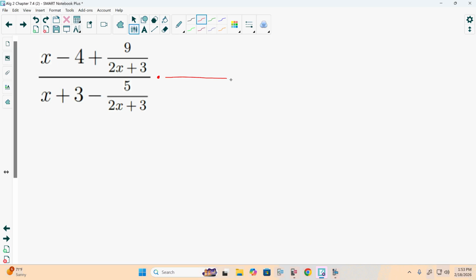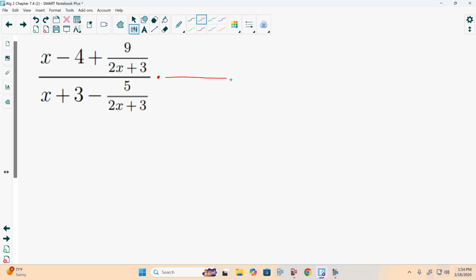So the main thing we want to do is get rid of the fractions in the numerator and denominator of this fraction. Am I going to look at the x minus 4 on top or the x plus 3 on bottom for figuring out what we need to multiply it by? Because that x minus 4 and x plus 3, are they a part of a fraction?